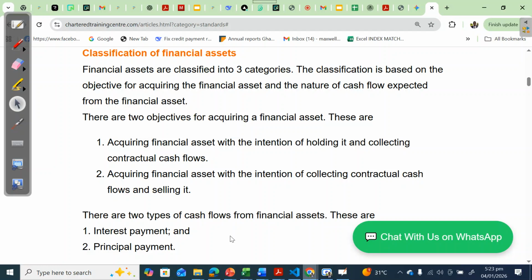At the end of the year, the company may declare dividends, but you may also want to sell the shares when you think the share prices are rising. So here it's not like you want to keep the shares just to earn the dividend, but apart from the dividend that you are interested in, you also want to sell the main instruments if the price is high.